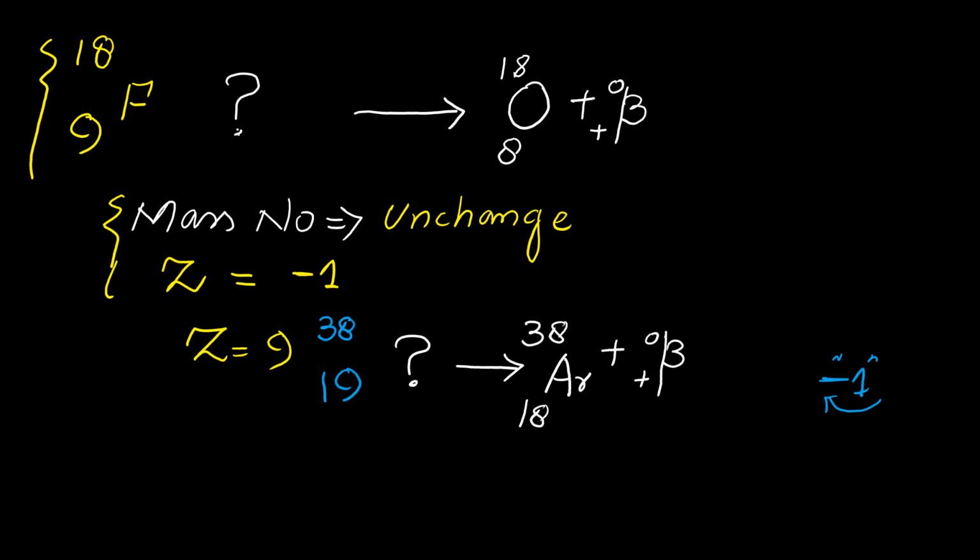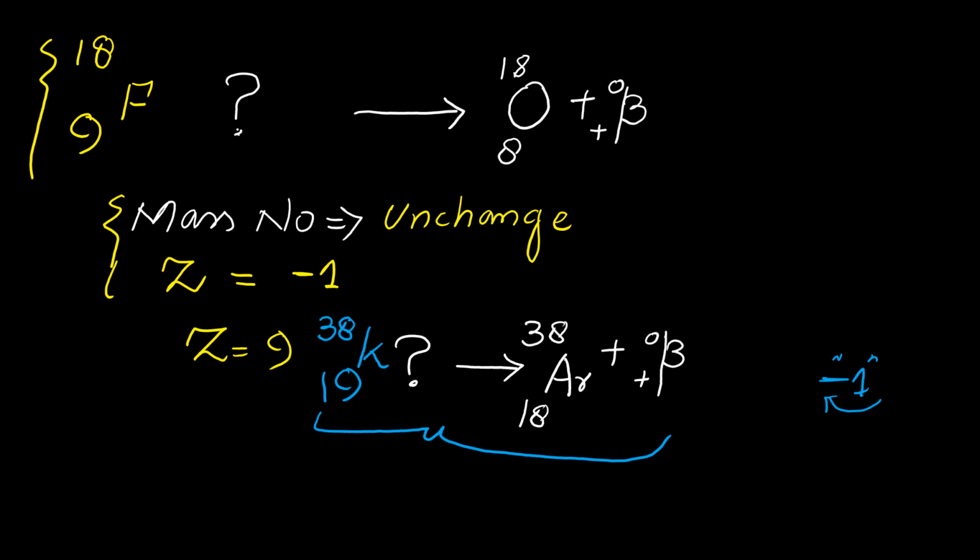So now again we need to check a periodic table for the element having atomic number 19. So we can easily find that it is potassium having atomic number 19. So in this way, positron decay occurs in potassium, and it is converted into argon daughter nuclei, and it also produces positron radiation.